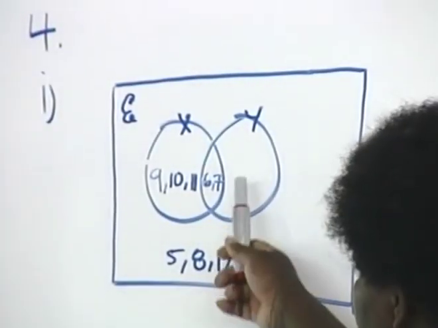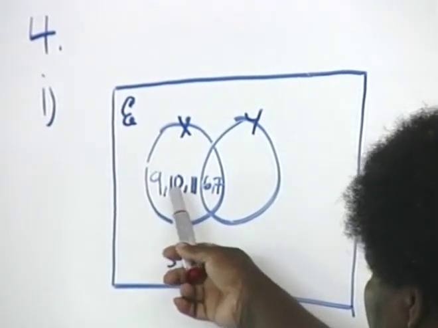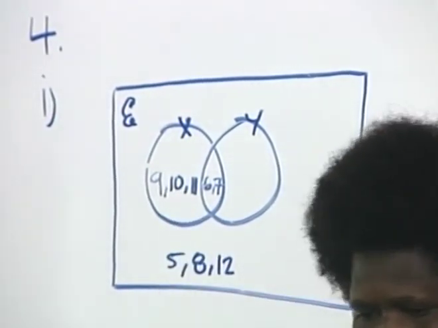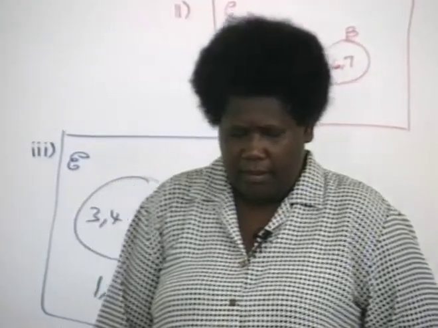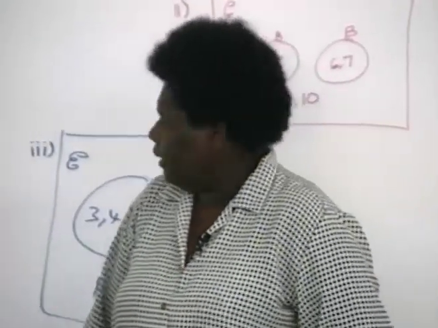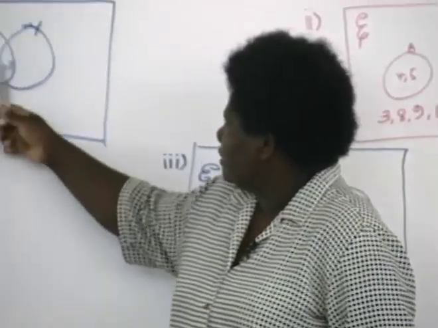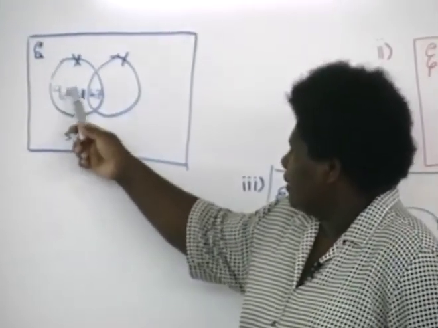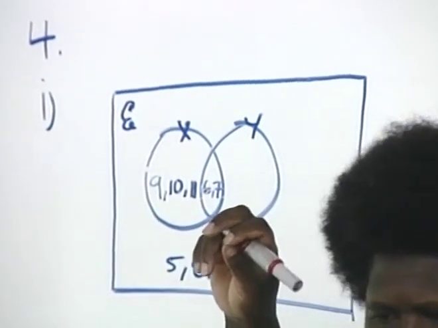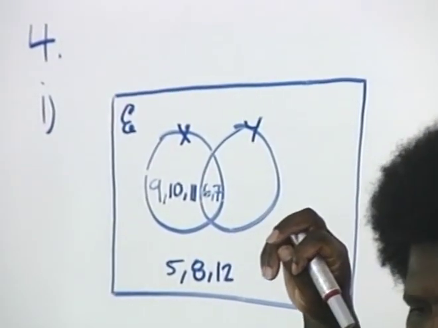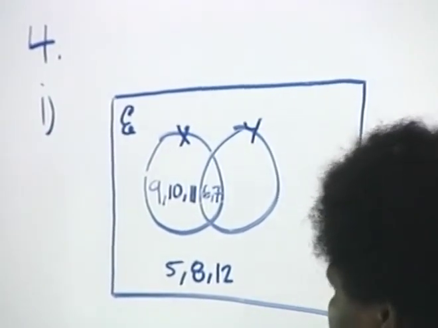Okay, X is 6, 7, 9, 10, and 11. That's correct. And Y is the set 6 and 7. It's correct.